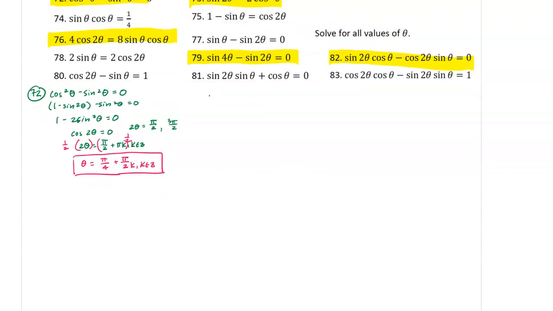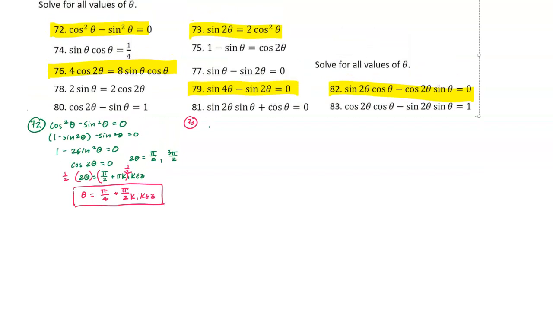Next, I'm going to do 73. 73 is sine of 2 theta equals 2 cosine squared theta. I'm going to go ahead: sine of 2 theta is 2 sine of theta cosine of theta equals 2 cosine squared theta.